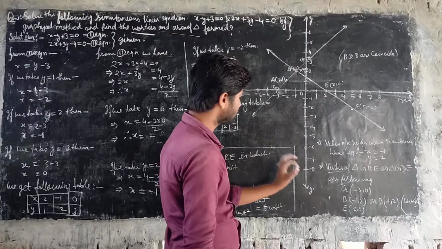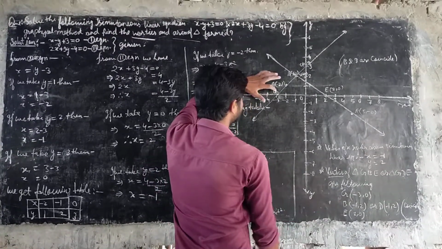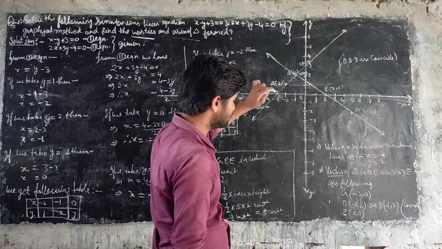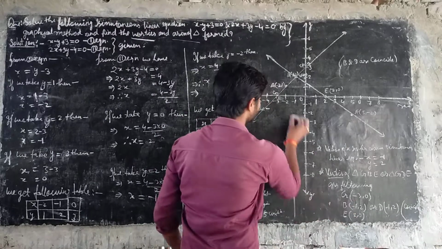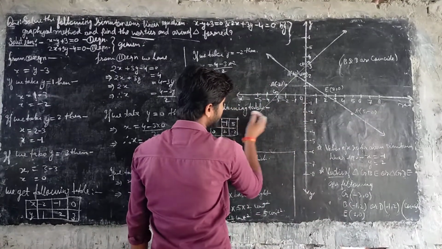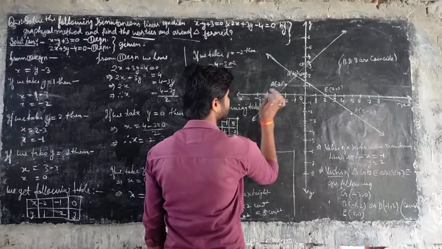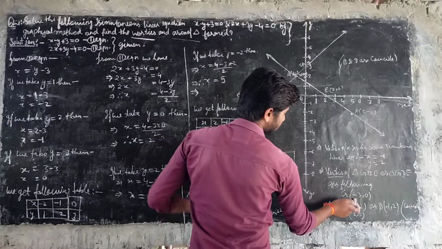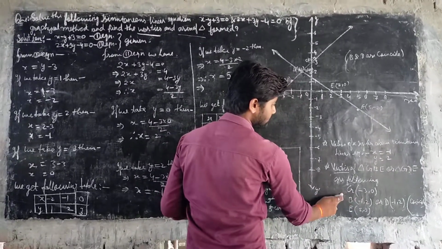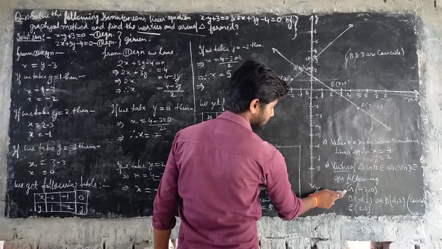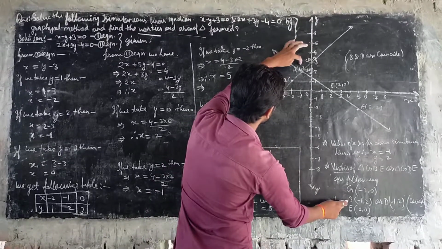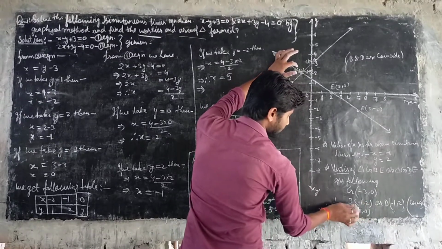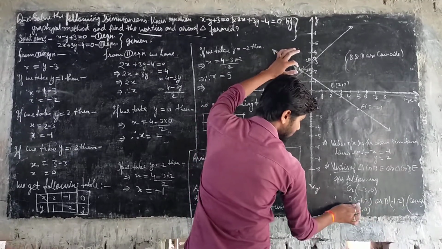Now we are going to plot the vertex point G on the coordinate axis. The location of G is x is equal to -3 in the negative direction, and y is neither positive nor negative, so y is equal to 0. G is the first vertex of the triangle, and the second vertex is B. Here B and D both coincide, so the coordinate point of B and D is -1 and 2.